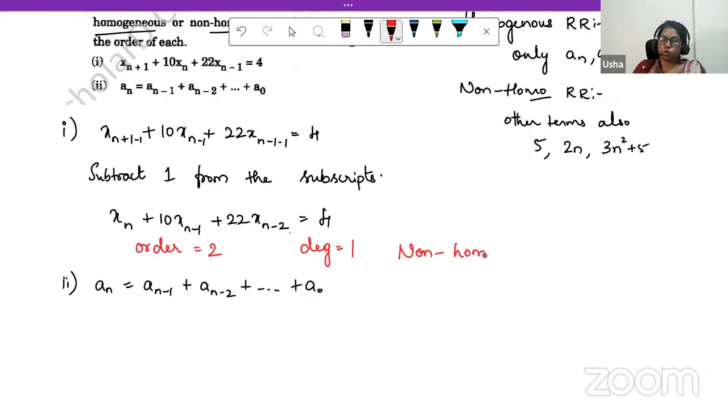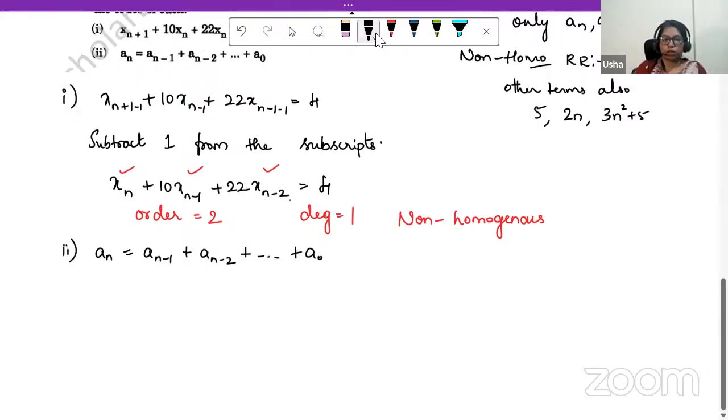This is non-homogeneous because you have a term other than xn. This term has xn, this has xn, this has xn. This is the only term which does not have xn, right? At least one term which does not have this xn, an, whatever, that is non-homogeneous. So this relation is non-homogeneous.